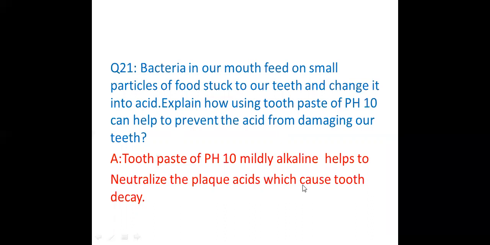That alkaline toothpaste helps to neutralize the plaque acids which cause decay. So the acidity in our mouth or in our plaques is neutralized by the alkaline toothpaste, and this prevents our teeth from decay.